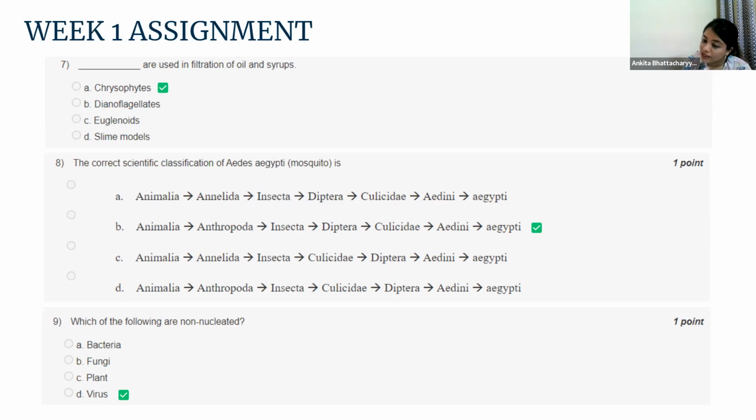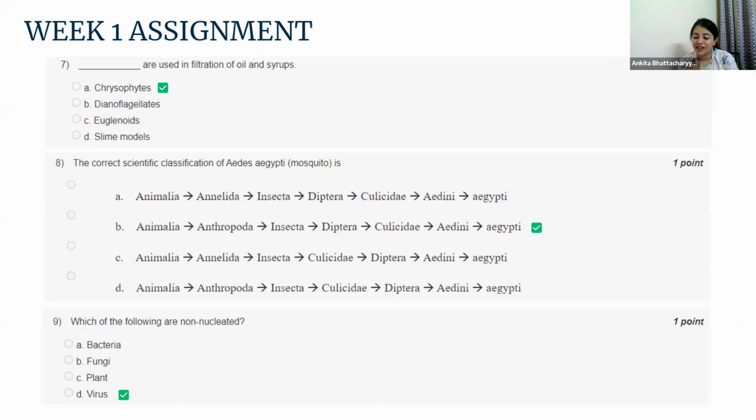Fungi are also nucleated, and can even be multinucleated, and plant cells obviously also have a well-defined nucleus. But the exception is the virus, which does not contain a nucleus. First of all, it's not really classified under living organisms entirely. Viruses are considered to be on the verge of living and non-living, because they can be considered living once they have entered a host.